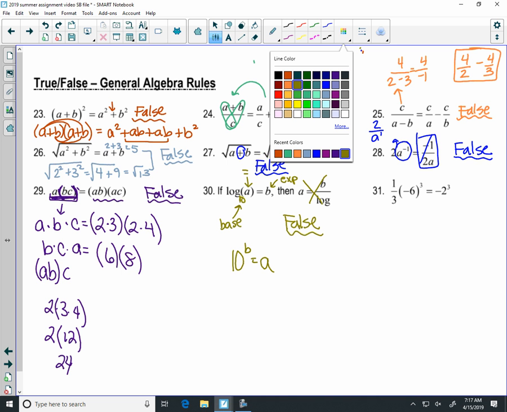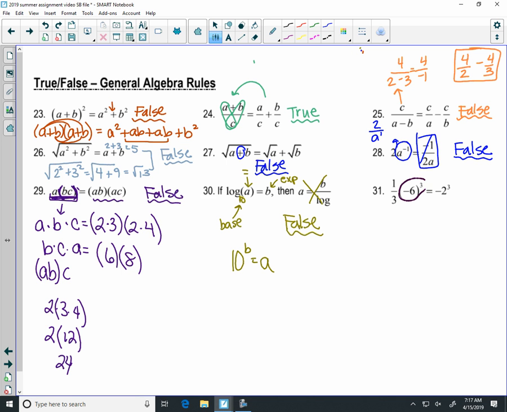Last one is just a little order of operations problem. I'm going to first do this exponent. -6 to the third is, so negative to the third is a negative. 6 to the third is 216.